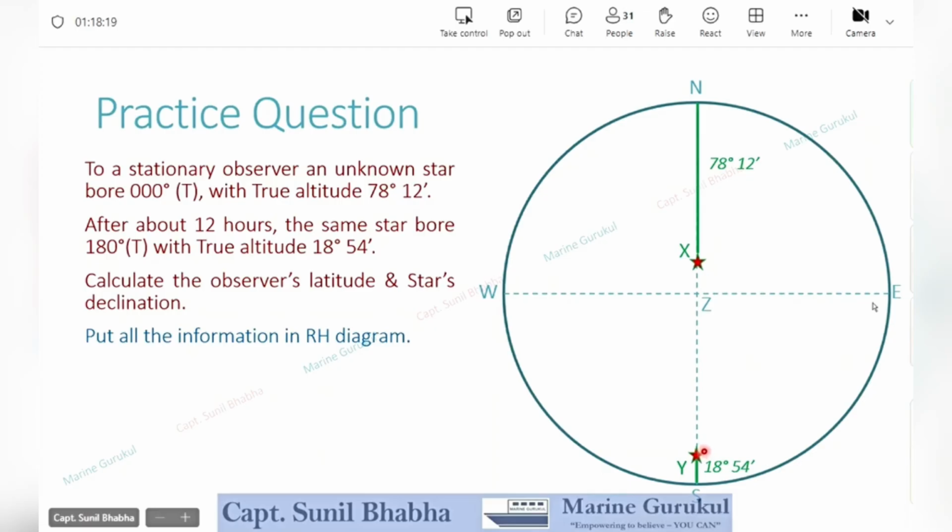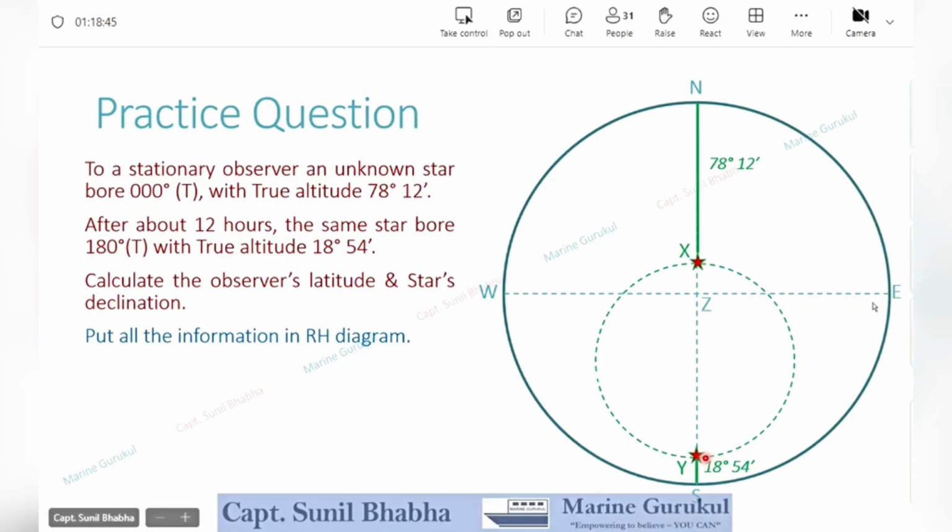Now there is only one possibility of how the declination circle is going to be, and that possibility is the declination circle passing through both the locations in this way. There is no other circle which you can draw in this diagram so that point X and point Y lie on that same circle.